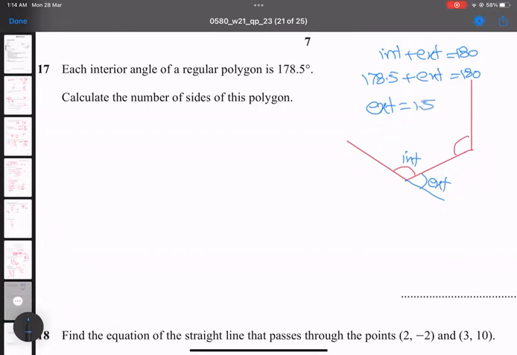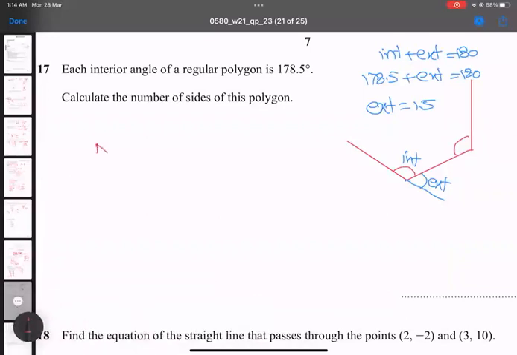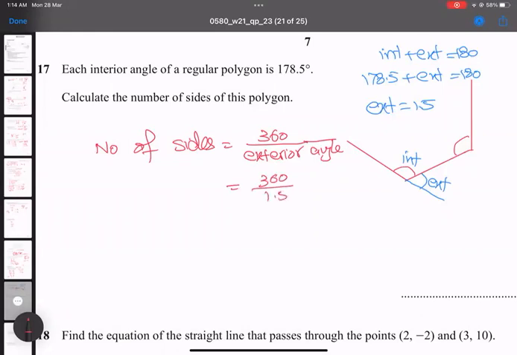Okay, now we have a special formula. I'm writing it now here. Formula is number of sides is equal to 360 divided by exterior angle. So I will simply plug in that 1.5 here.